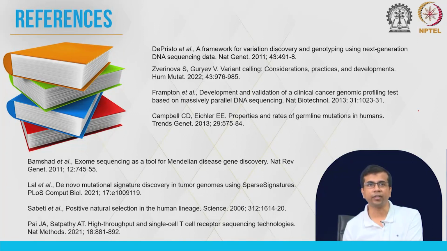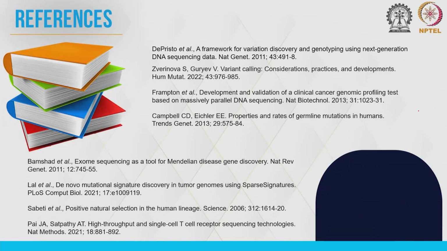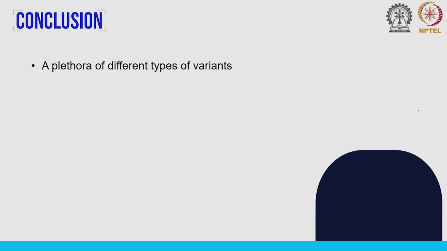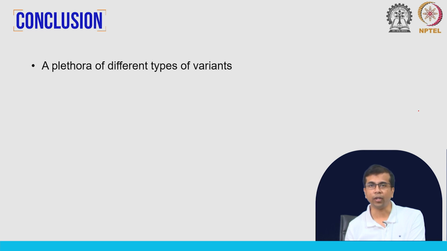Here are the references that we have used for this class, and to summarize, we have talked about different types of variants, but we have focused mostly on SNVs, SNPs and small indels in this class, and there are many more out there, the structural variants especially, which we will talk about in the next few classes.